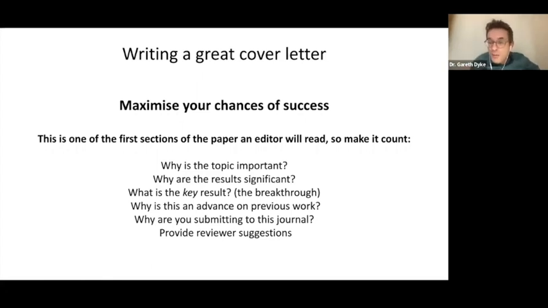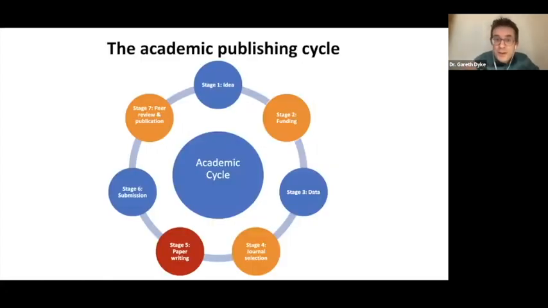As we talked about before, this is the first stage of the process, the first part of the research cycle in which you, an author, have the opportunity to engage with peer review, providing your suggestions to the journal, colleagues who would be suitable to make a review of your work.